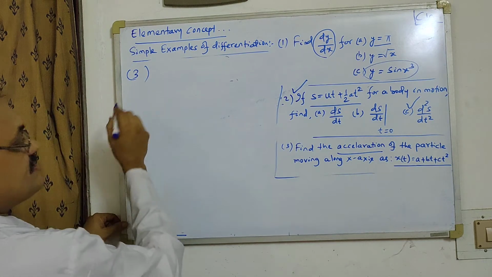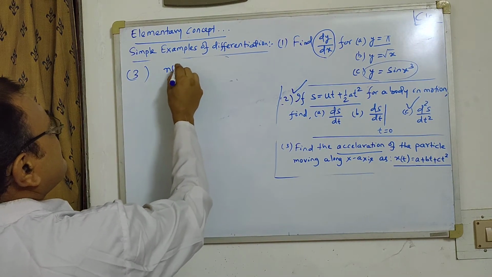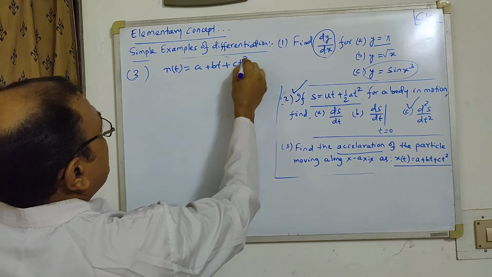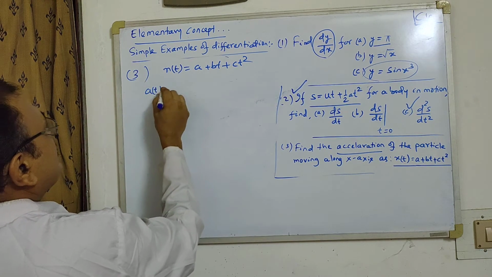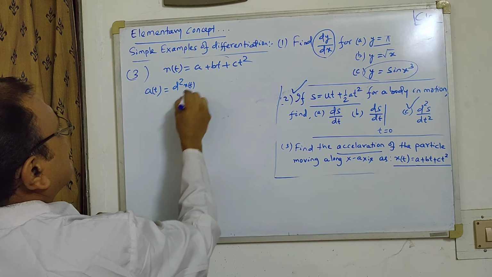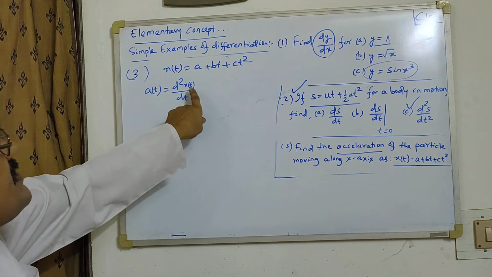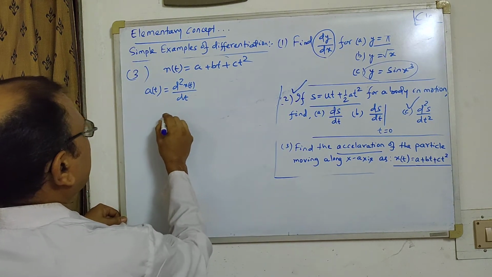For the acceleration, as we know, our function is what? x(t) is equal to a plus bt plus ct square, and our acceleration term is nothing but d square x by dt square. Here I have written x as a function of time, that is obviously x is a function of time. So here how can we do that one?